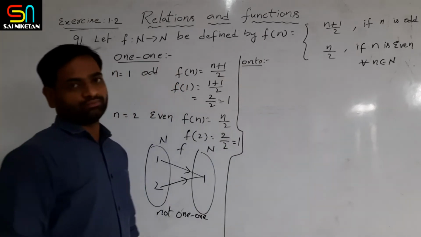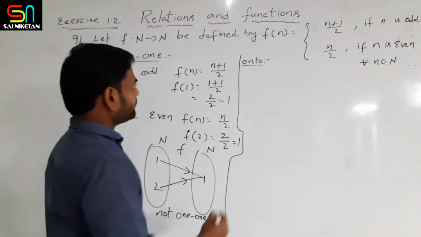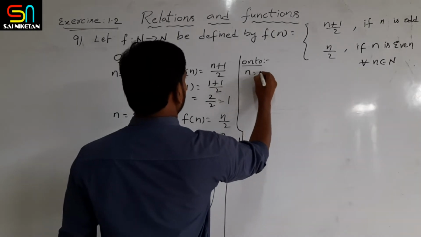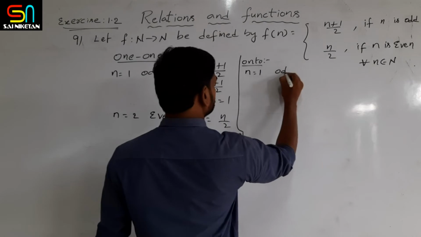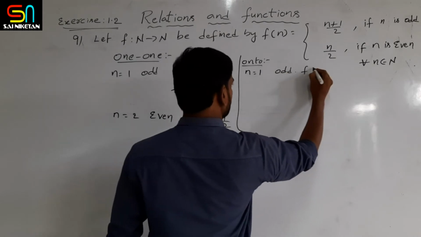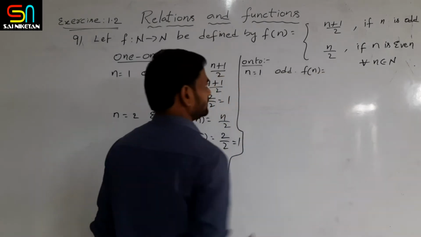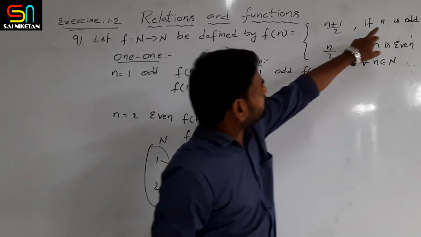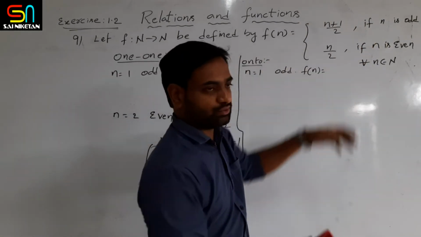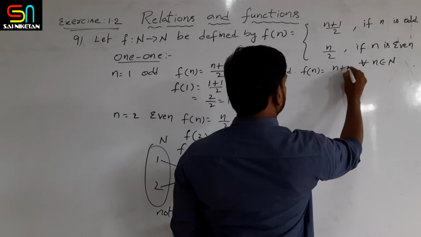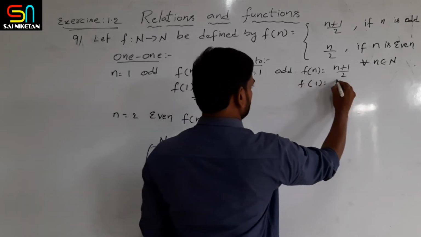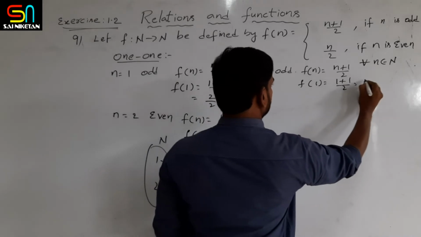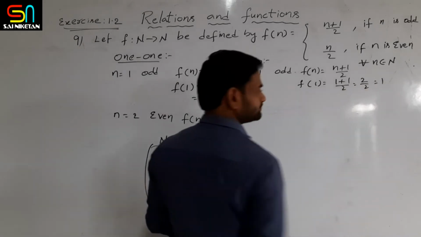For onto also, I am taking the values. Suppose n value is 1, say. So it is odd number. So which function I have to take? f of n is, when n is odd, that is (n plus 1) by 2. So substitute f of 1, that is 1 plus 1 by 2, that is 2 by 2, that is 1.